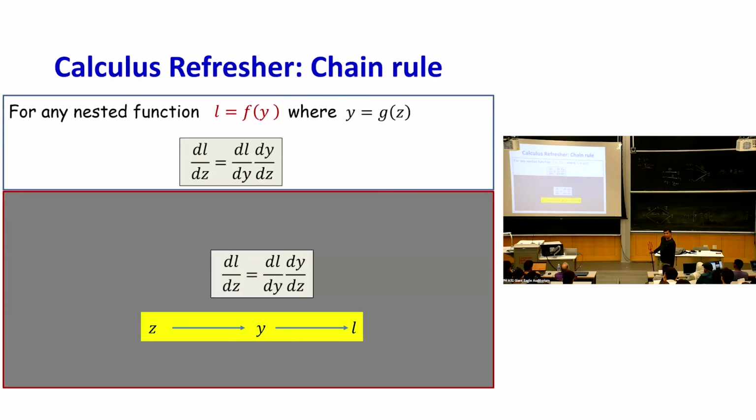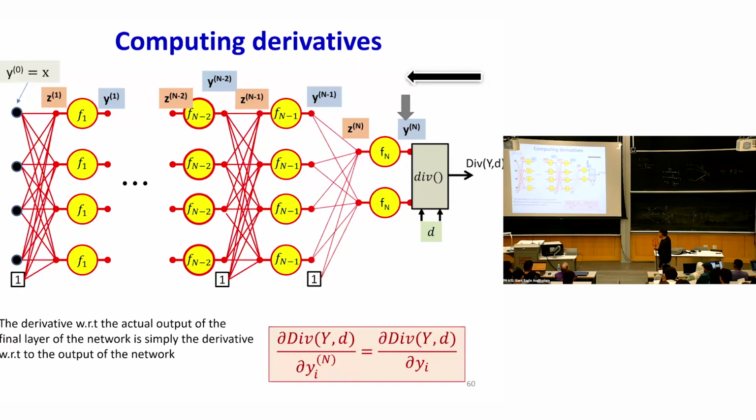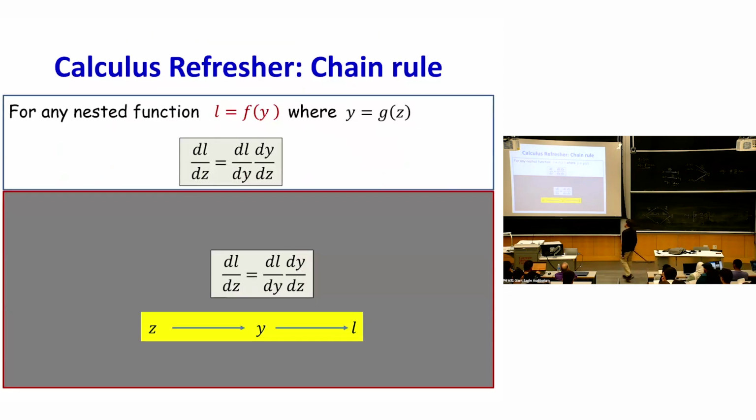And subsequently, we're going to apply the chain rule that we just saw. The one that we will apply most is this one: if we have L equals f of y, the loss is a function of y, where y is a function of z. So the loss is a function of the output of the neuron, and the output of the neuron is a function of the affine value z. In that case, the simple chain rule tells us that the derivative of the loss with respect to z is the derivative of the loss with respect to y times the derivative of y with respect to z.